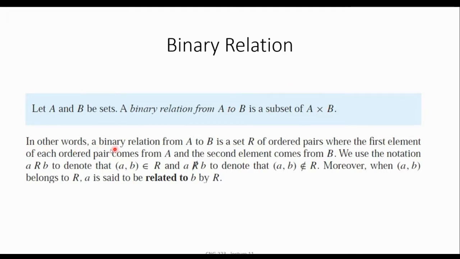So in other words, a binary relation from A to B is a set R of ordered pairs where the first element of each ordered pair comes from A and the second element comes from B. We already know about the Cartesian product, so we know that at the end we will have pairs like this. So we have a tuple containing two elements.